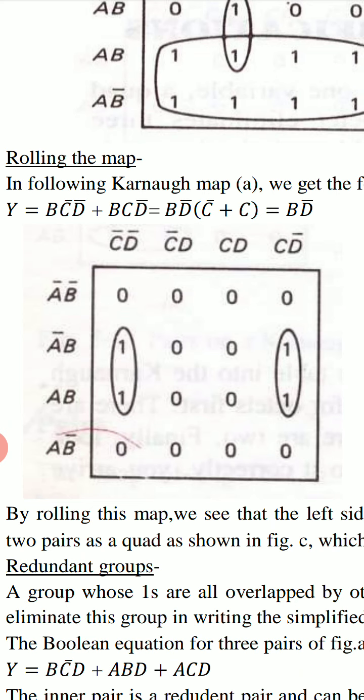If it forms a quad, then we can write a simplified expression y equal to b d bar, b from left side and d bar from upper side, because in upper side we have c bar d bar and c d bar. We take d bar from upper side and from left side we take b. So expression for output y for this Karnaugh map will be b d bar.